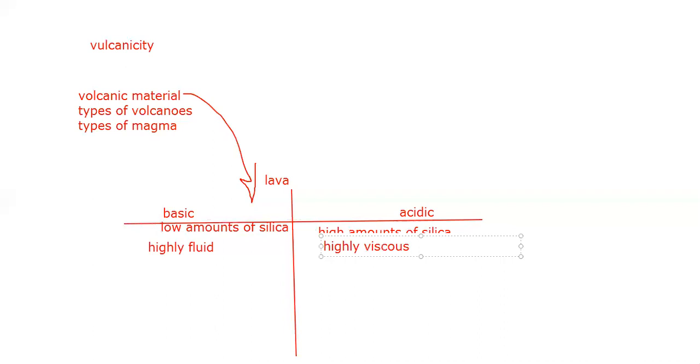Anytime we mean thick in geography, we say viscous, or you could say sticky. Basic lava has a low melting point, meanwhile acidic lava has a high melting point.